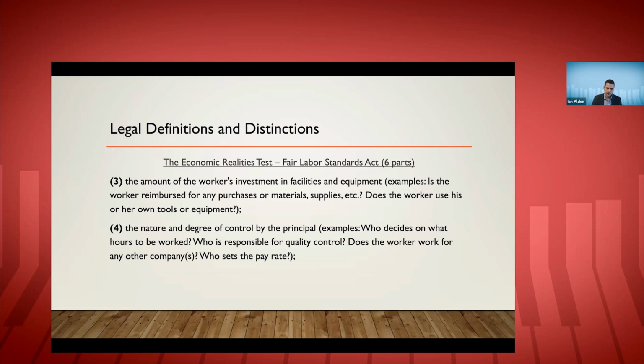Typically, you want the independent contractors to use their own tools or equipment. You look at the nature and degree of control by the principal. Again, this goes back to part A of the ABC test. Control, who really has it? Who's dictating the hours worked, quality control, the means and methods of services provided?